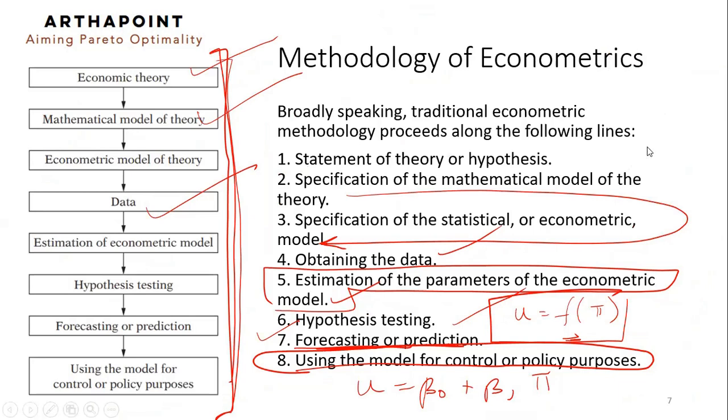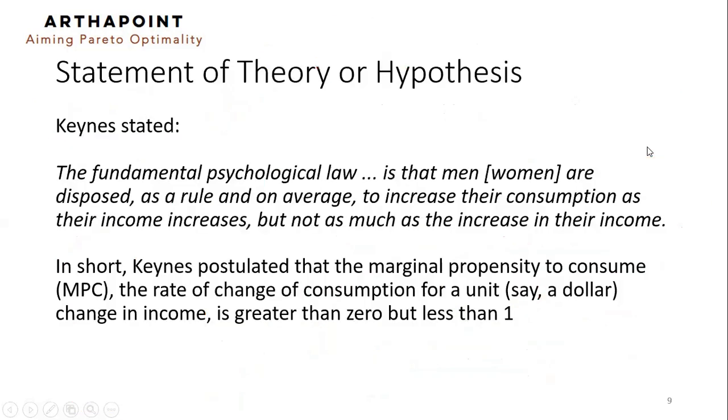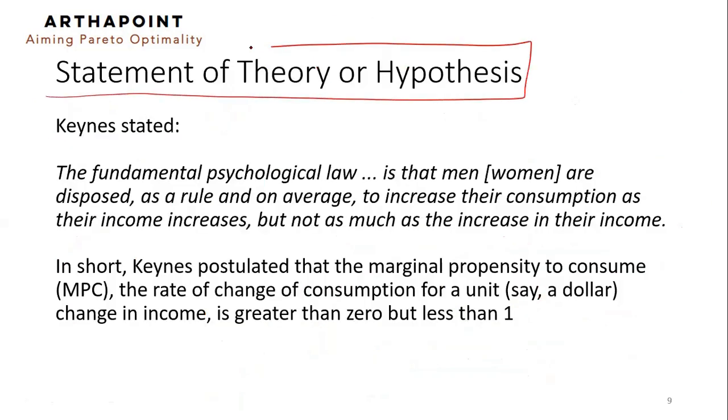So once we are done with that, the next part of econometrics is the statement of theory or hypothesis. Now, what is a hypothesis for that matter? A hypothesis is what you want to go and test.